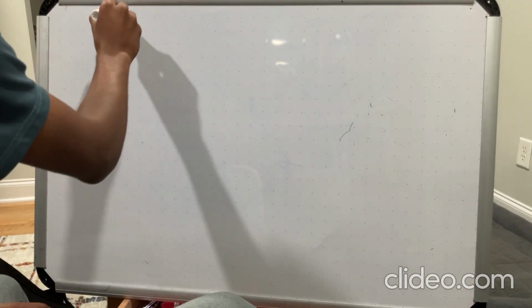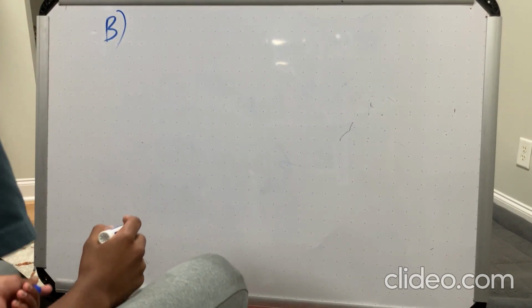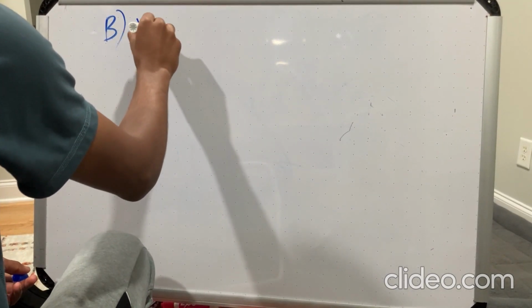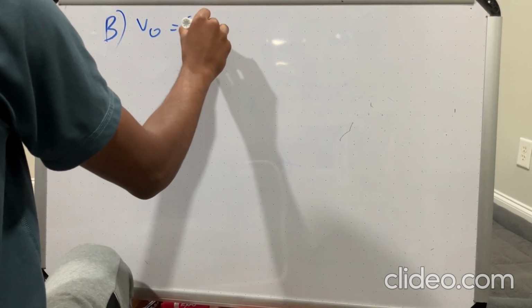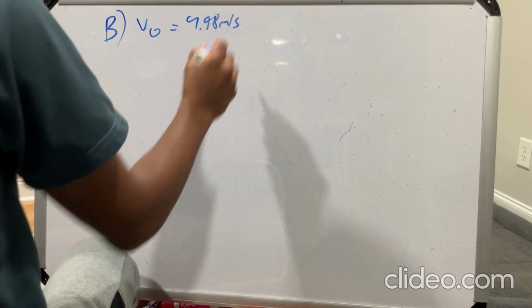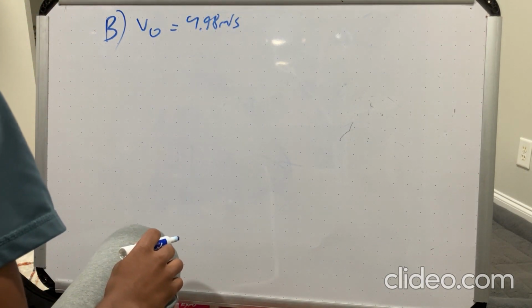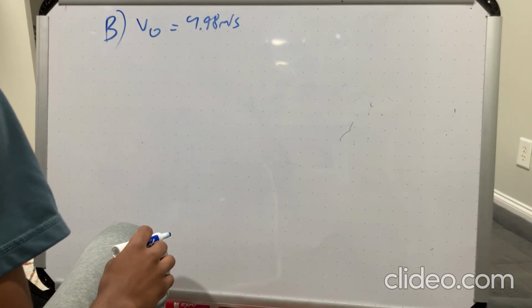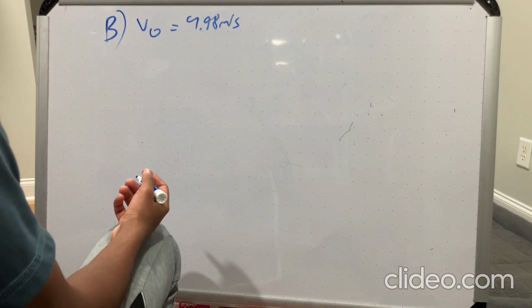For the next part, FRQ 17, part B, the answer should have been v naught equals 9.48 meters per second. We did not get any points because we got 11.8 meters per second with just calculating the average mean.